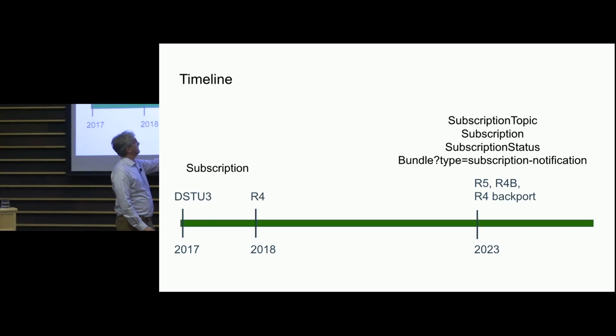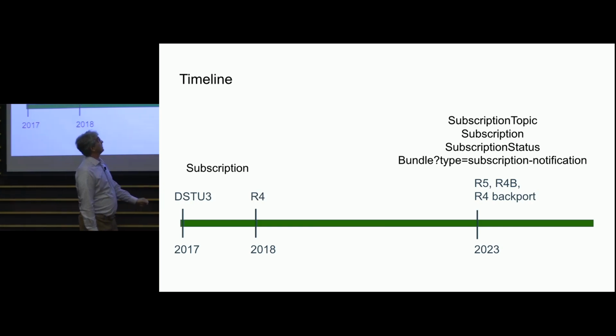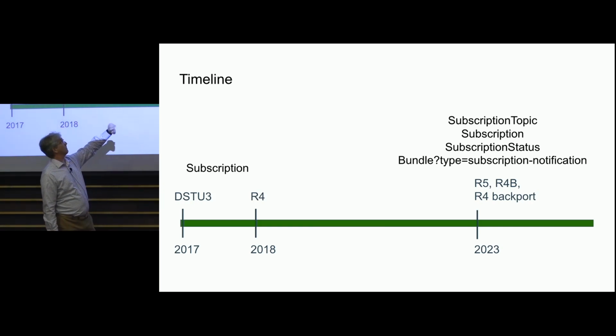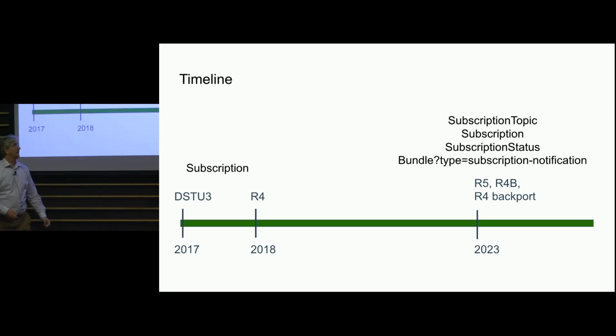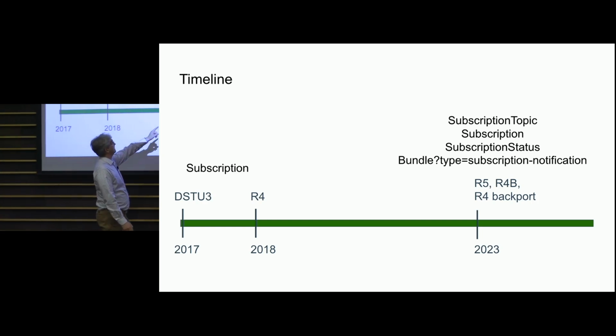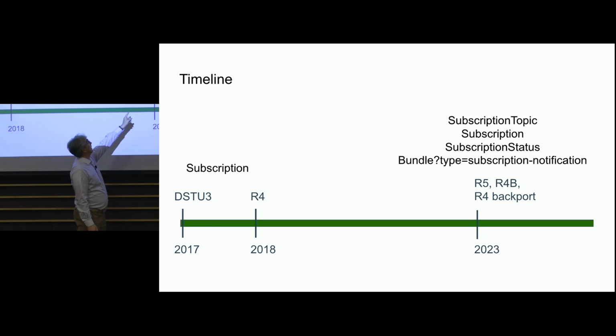In 2023, a whole new model for subscriptions came out in R5, introducing new resource types, subscription topic and subscription status, as well as a new bundle type, subscription notification. These new resource types are represented in FHIR, so in R5 they're in FHIR.